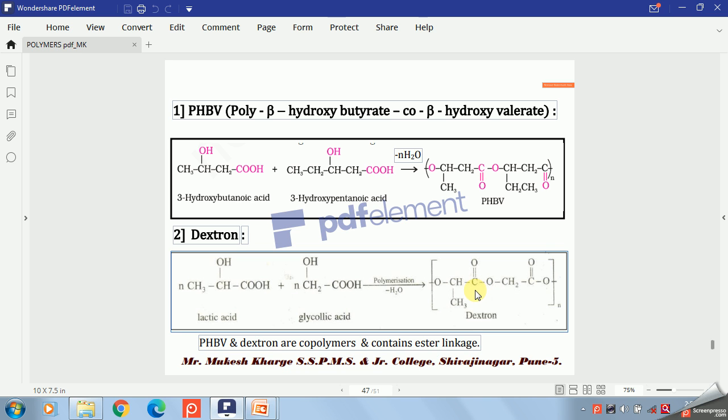It is again an ester linkage. So PHBV and Dextron are copolymers which contain ester linkage.